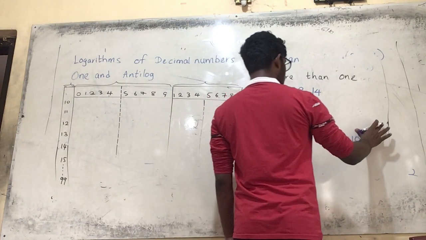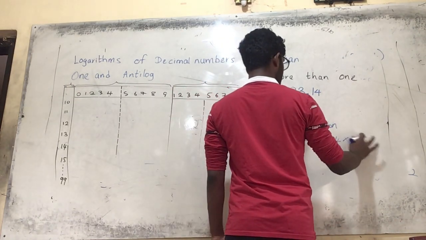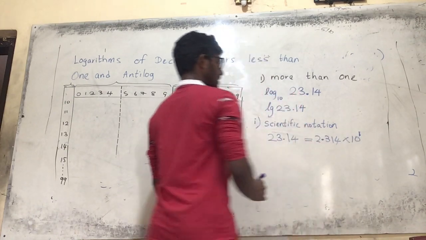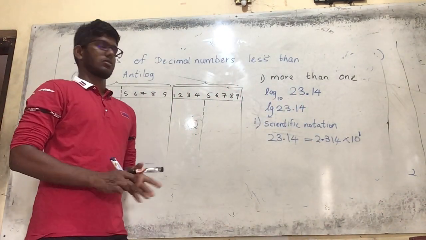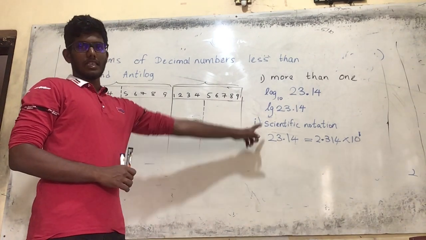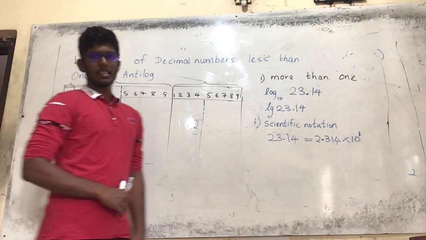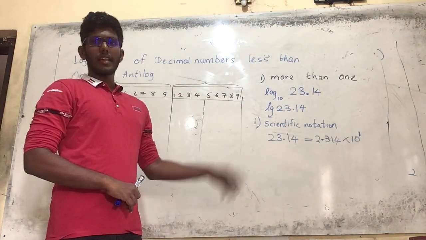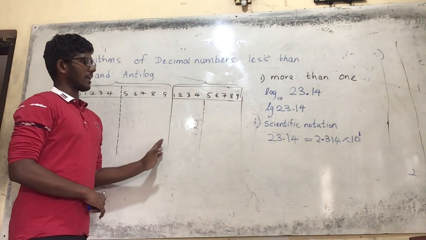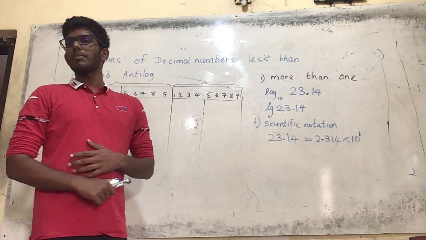Now, if you don't know how to write a number in scientific notation, what do you have to do? Google, right? Because these are very small things. Scientific notation is not a very hard thing. There will be enough videos, and there is not going to be any change because of the syllabus or anything.